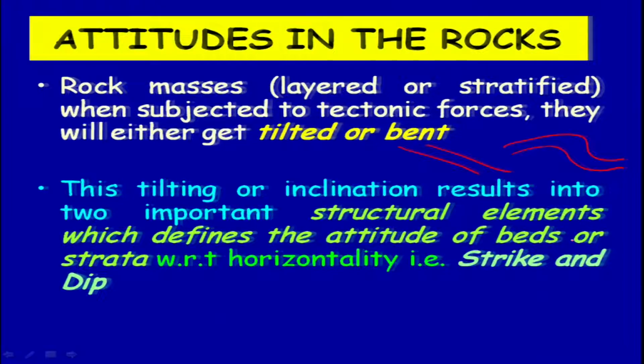By beds, I mean that they were deposited in a horizontal fashion, so these are all horizontal beds or strata, and then they got deformed. The deformation, with respect to the horizontal, will result in the two attitudes that are your strike and dip.